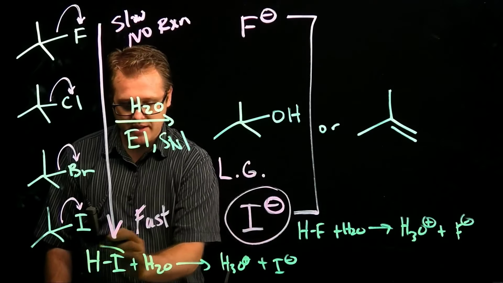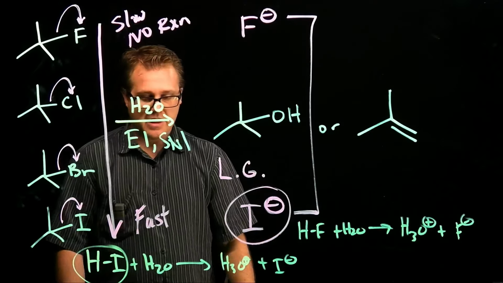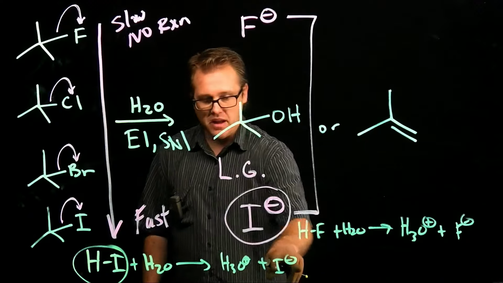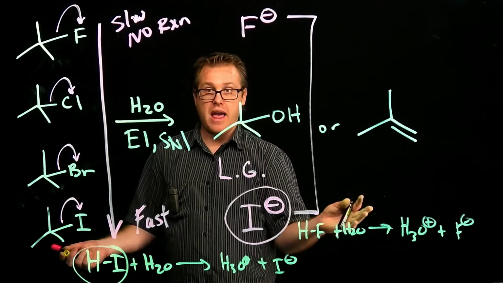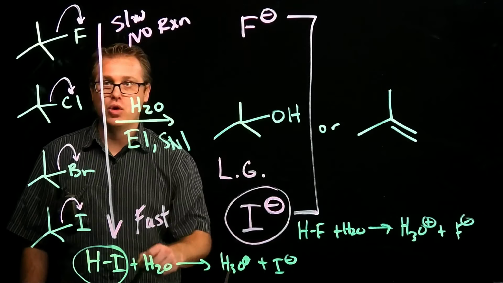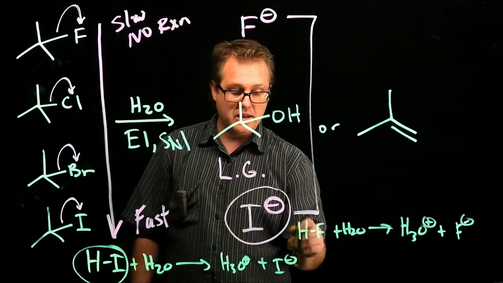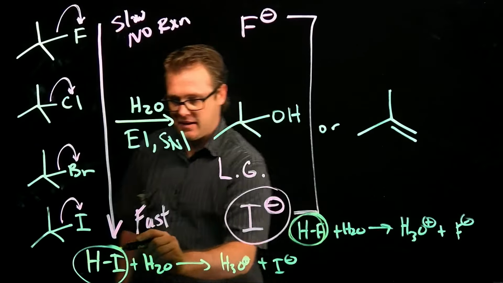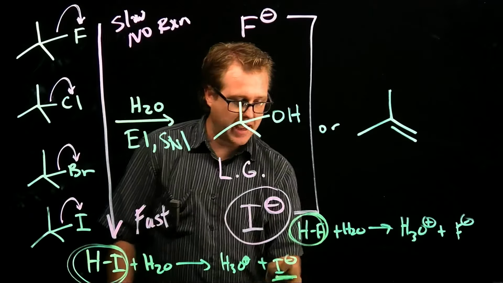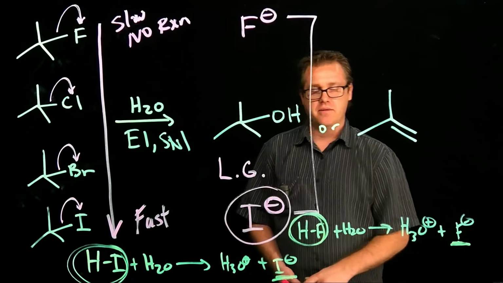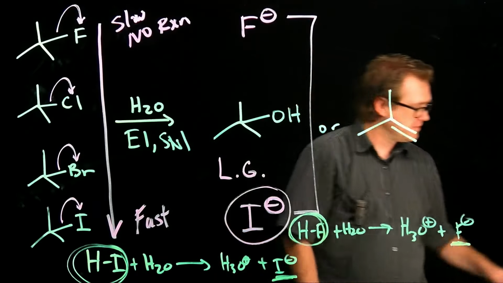We clearly know this is the stronger acid. And so it's the strongest acid, which makes this a very weak base, and in this context, a very, very good leaving group. So the stronger the acid, the better its conjugate base is as a leaving group. That's another way of looking at it and remembering it.